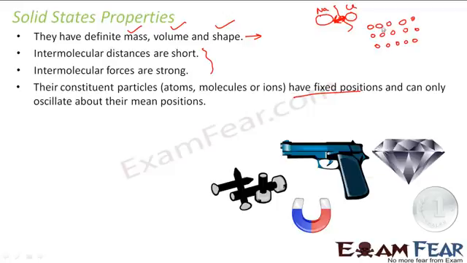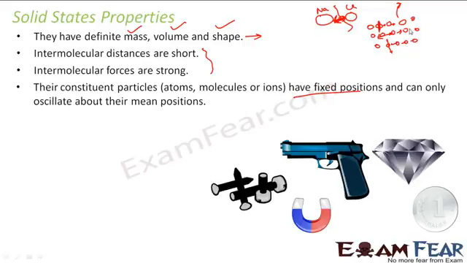They are not allowed to move, but they can only vibrate or oscillate about their mean position. They can oscillate in this direction, in this direction or in this direction. They can just oscillate, but they can't move from here to here. They're almost fixed because the distance is short and the intermolecular force between them is pretty strong.